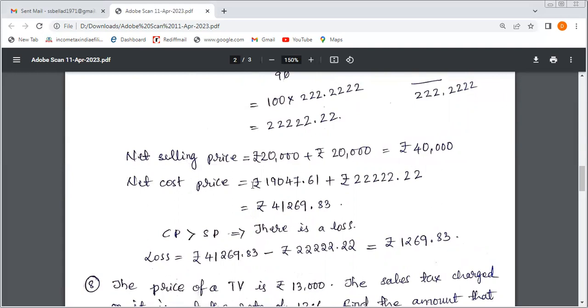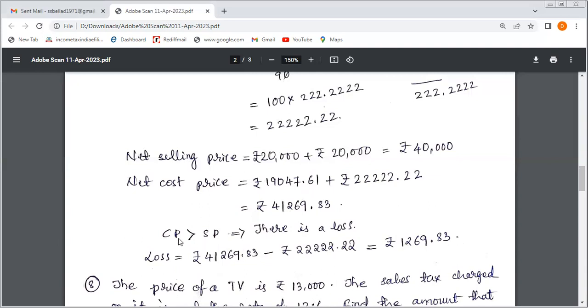Net cost price of the buffaloes: this we have calculated. This is the cost price of the first buffalo, this is the cost price of the second buffalo, and summing these two, you will get 41,269.83 as the cost price. Now this condition you have to check, whether there is a loss or gain.